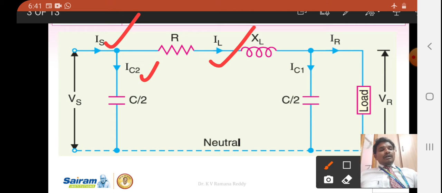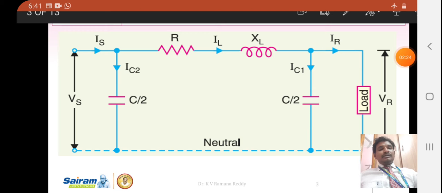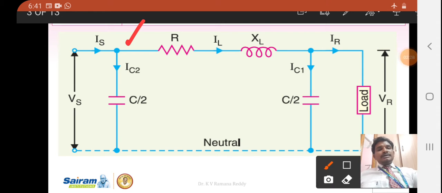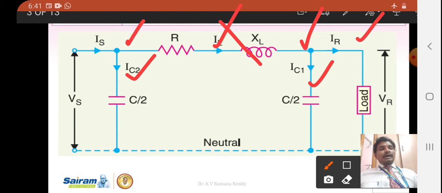And IC1 is the capacitive current flowing through the other half segment, which is taken as reference at the receiving end side. By applying Kirchhoff's current law at this node, the entering current is Is, so Is is equal to IC2 plus IL. Similarly, applying Kirchhoff's current law at this node, the entering current is IL, so IL is equal to IC1 plus IR.